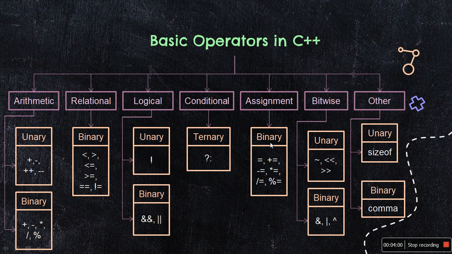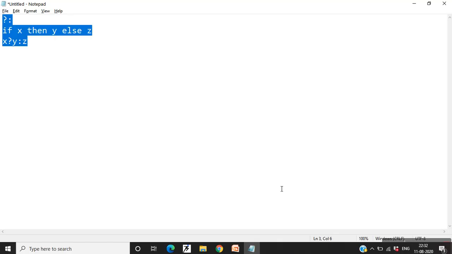Then the assignment operator, it is a binary operator because it takes two operands. Equal to assigns the value of the right hand side to the left hand side. x equal to y means we are assigning the value of y to x. Then you have plus equal to, minus equal to, multiplication equal to, division equal to and modulo division equal to, which work in this way. Suppose you have x plus equal to 2, then you mean x equal to x plus 2.